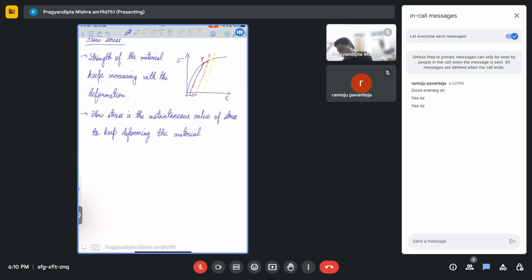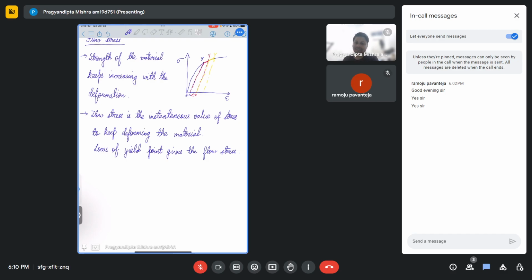So the locus of your yield point gives the flow stress. Where the yield point is located at that particular instant of time will give you the value of flow stress.